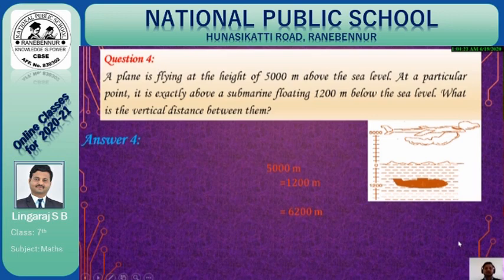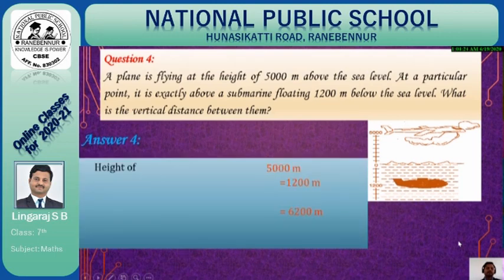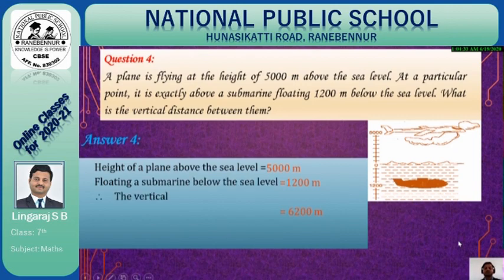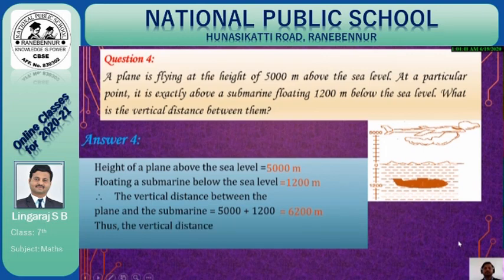So we're going to write: given height of a plane above the sea level is equal to 5000 meters, and a submarine floating below the sea level is equal to 1200 meters. Therefore, the vertical distance between the plane and submarine is equal to 5000 plus 1200, 6200 meters. Thus, the vertical distance between the plane and the submarine is 6200 meters.